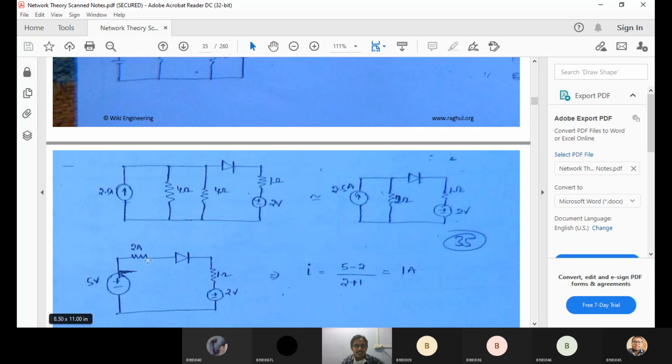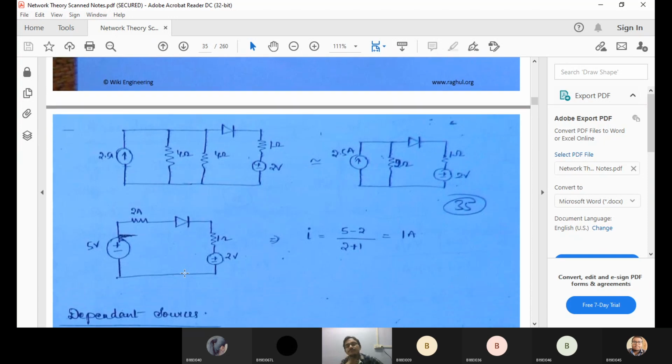First of all, whether this diode is forward biased or reverse biased. Tell me, all of you, whether this diode is forward biased or reverse biased.